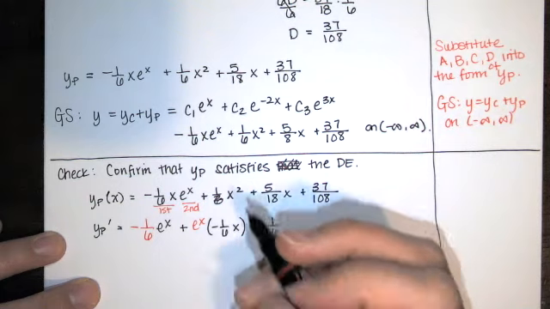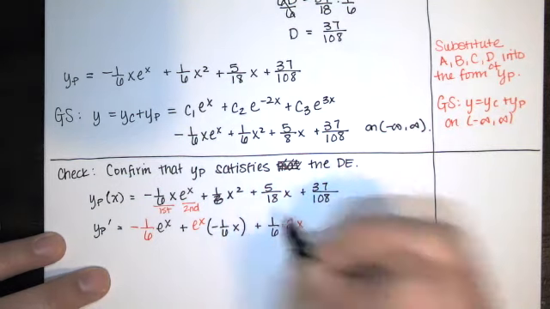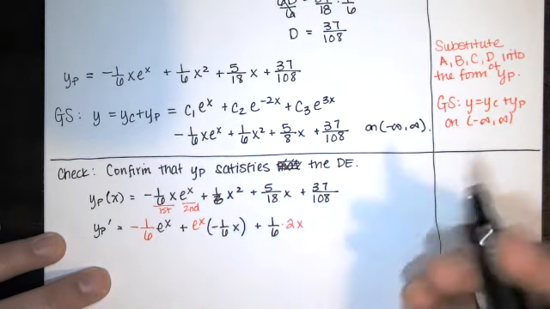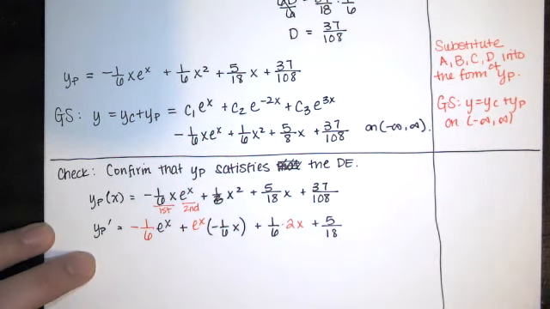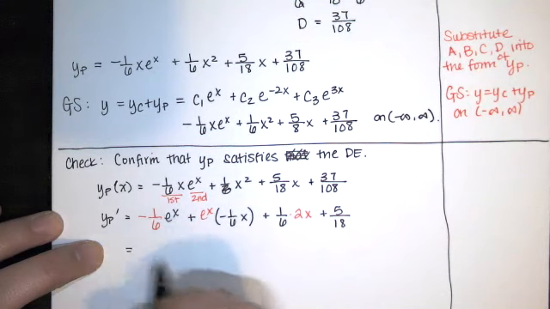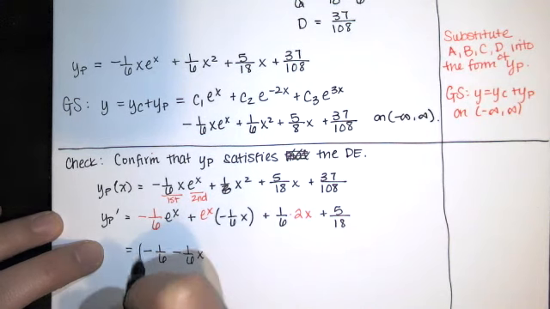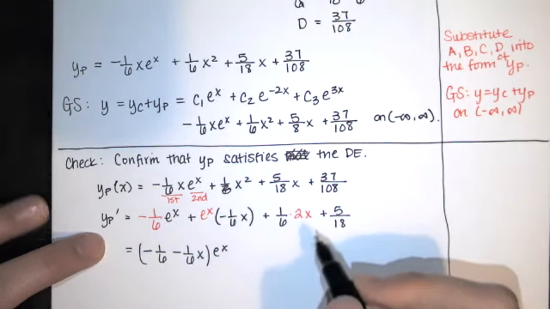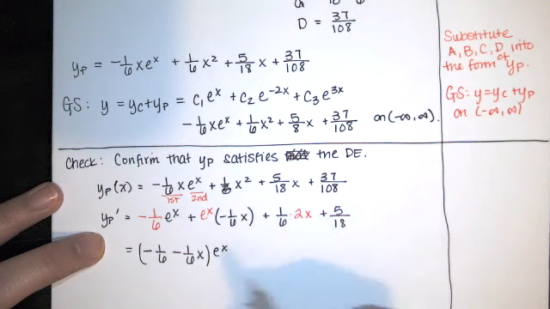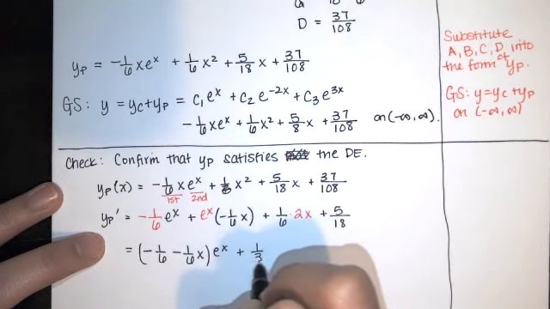And the derivative of x squared is 2x. Derivative of a constant times x is just the constant. And this simplifies. We end up with negative 1/6 minus 1/6 times e to the x. I'm factoring out that e to the x from both of these guys. And then 2 times 1/6 is 2/6, which is the same as 1/3.